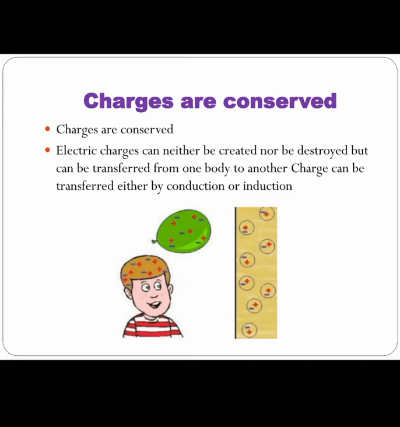Let us take an example. I have shown you that when object A and object B are rubbed with each other, negative charges from object A can be transferred to object B. Hence, object B has more electrons than protons due to gaining extra electrons.